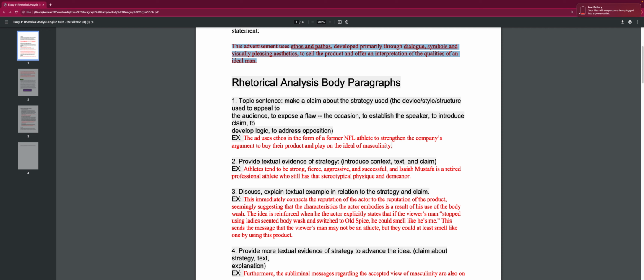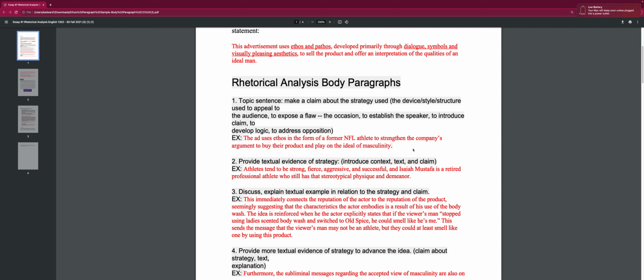And it plays on the idea of masculinity. All right, that goes to the second part of my thesis, the interpretation of the qualities of an ideal man. Right? So you'll notice the topic sentence here supports the thesis, but it doesn't necessarily repeat the thesis. It makes a claim about the thesis, right?